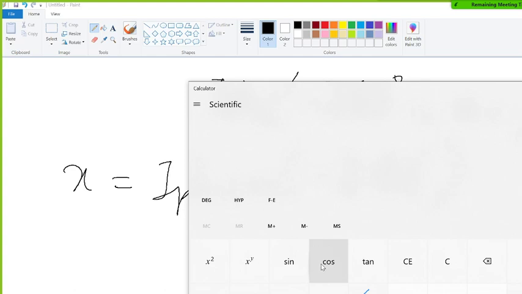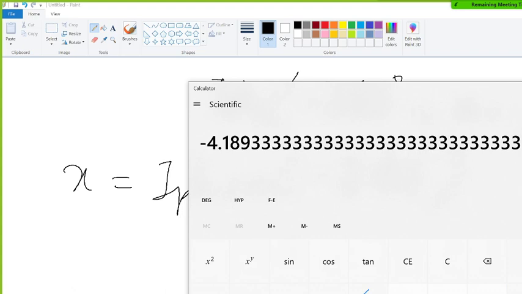This is in radians or degrees. Okay, so cos of this. So first of all, we convert degree to radian by multiplying by pi divided by 180. So minus 4.189 radians.